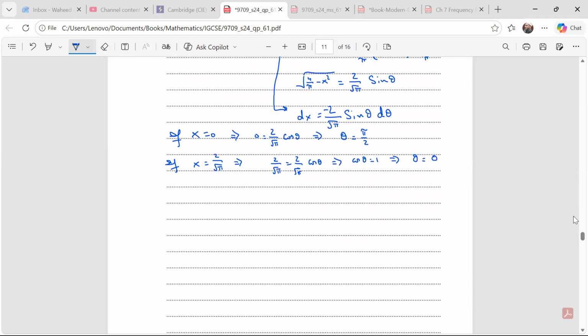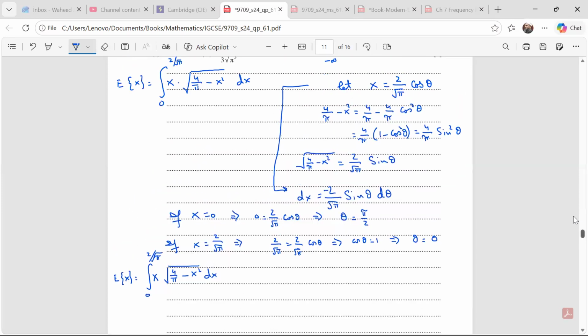This expression, the expected value of x, which was integral x under the root 4 over pi minus x square dx from 0 to 2 over under the root pi, right? This was the integral we established.